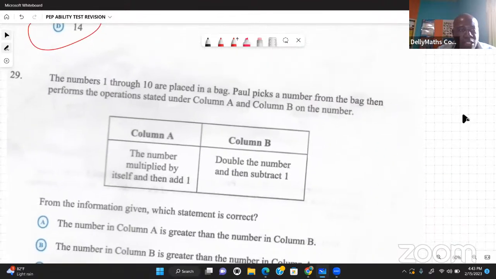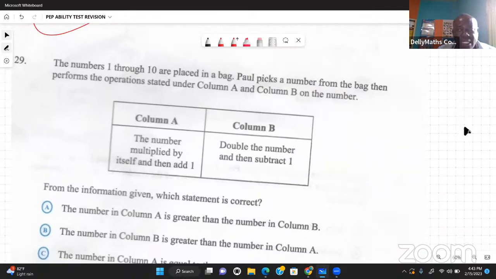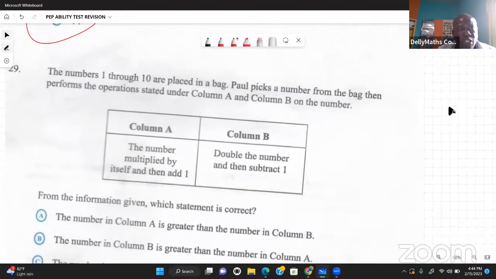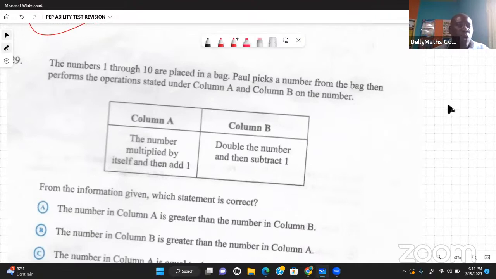All right, let's look at this one, 29. 29 says the numbers 1 through 10 are placed in a bag. Paul picks a number from the bag, then performs the operation stated in column A and B on the number.